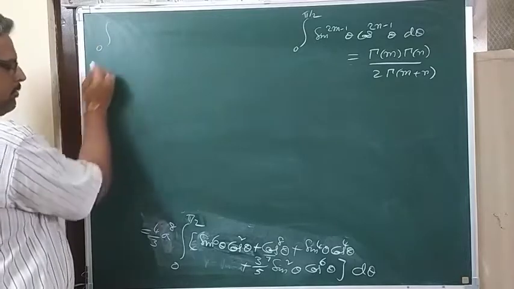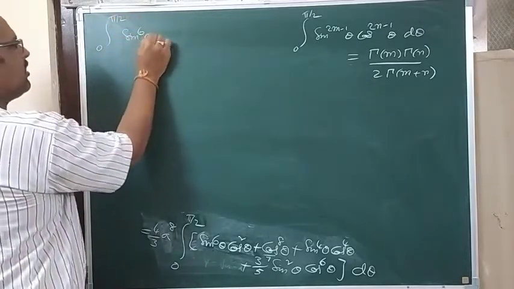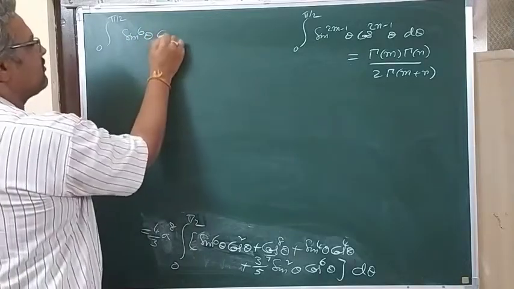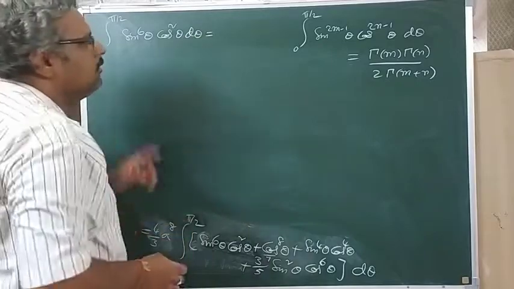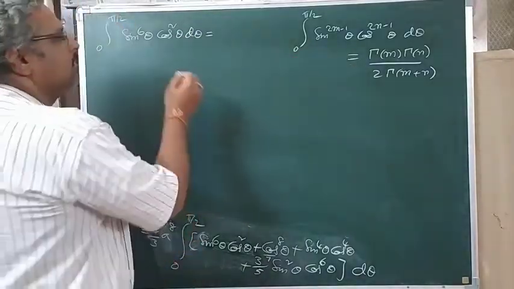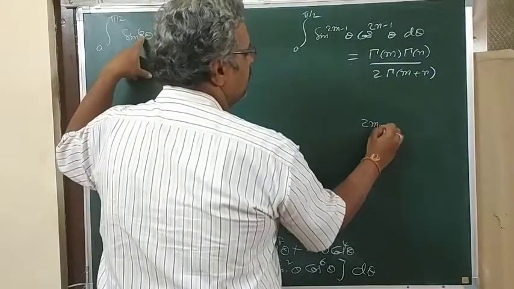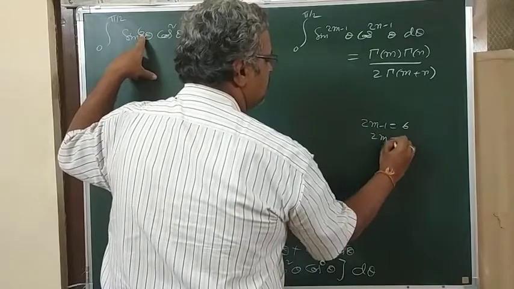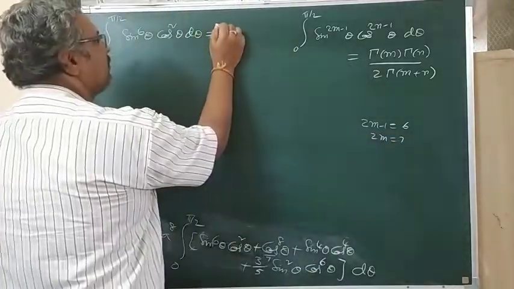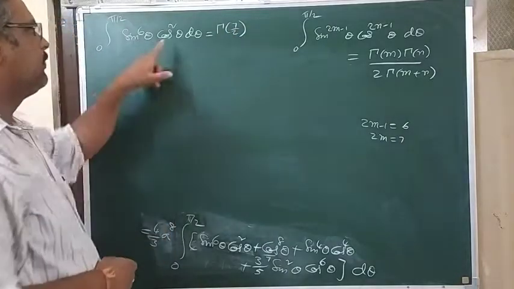Integral 0 to pi by 2 sin power 6 theta cos square theta d theta equals, now comparing with this one, 2m minus 1 equals 6, 2m equals 7, so gamma 7 by 2.